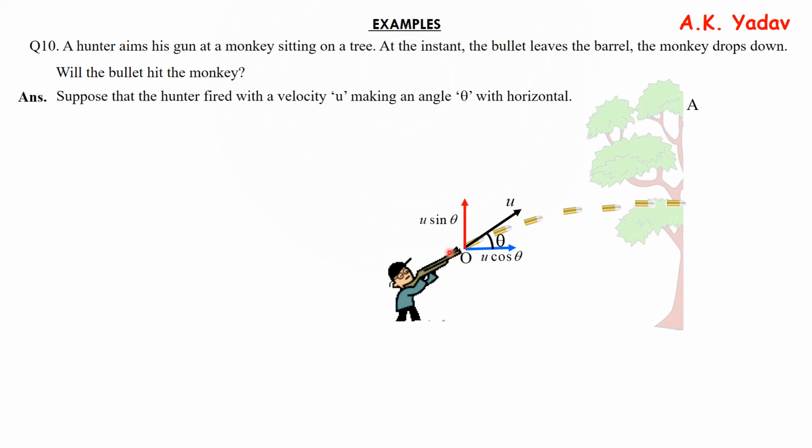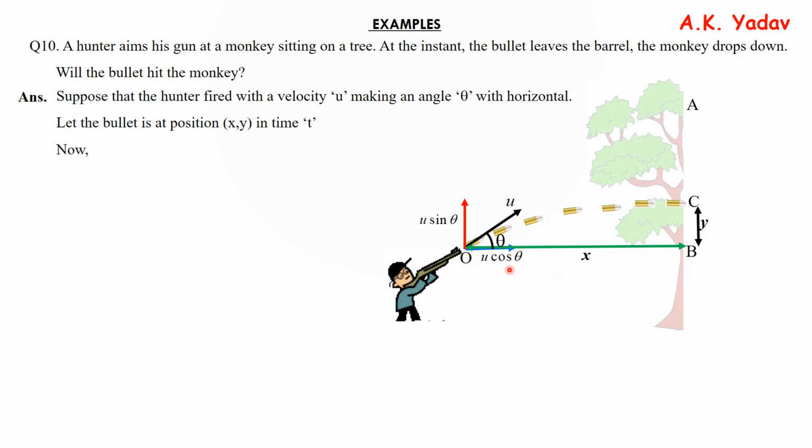As you can see, the bullet follows a parabolic path. So the bullet is the projectile here. Let the bullet be at position x, y in time t. That means it covered a horizontal distance of x and vertical distance of y. I have named the points as B and C on the tree.